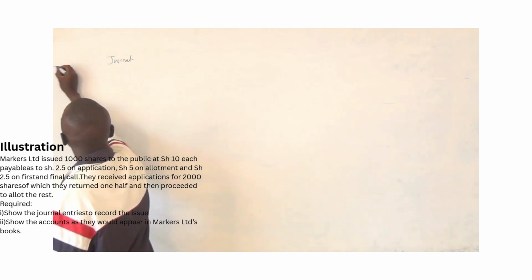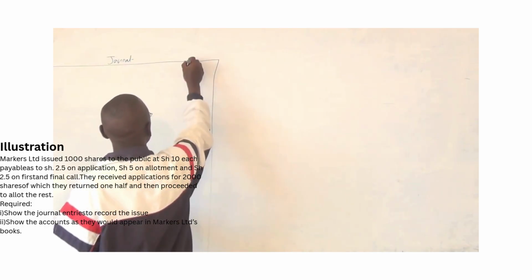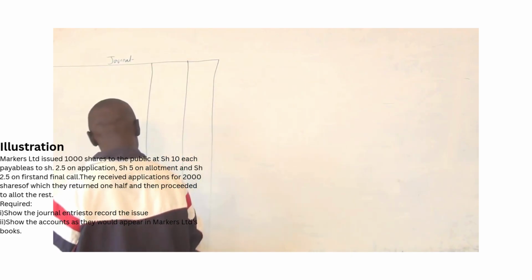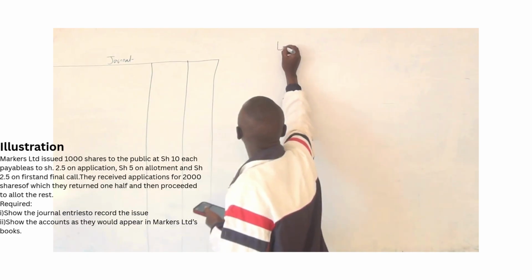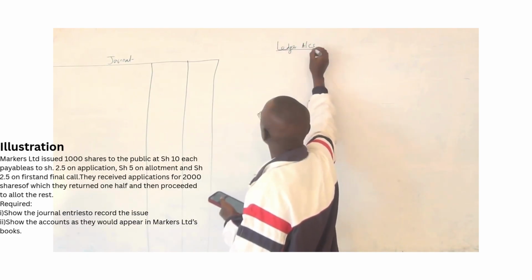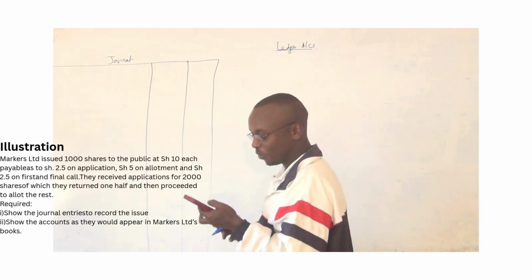A journal looks like this. Then the other page is for the accounts. So we can start now from here.